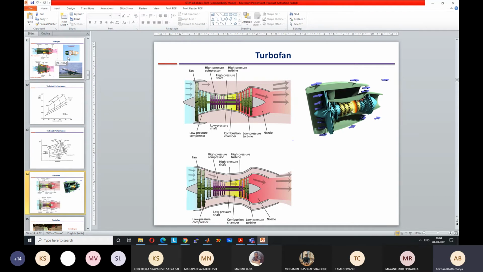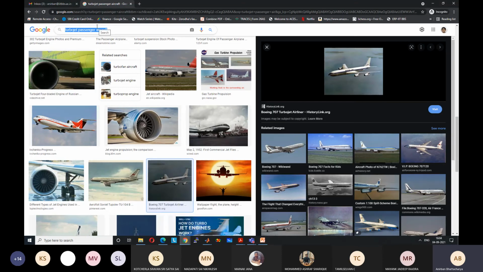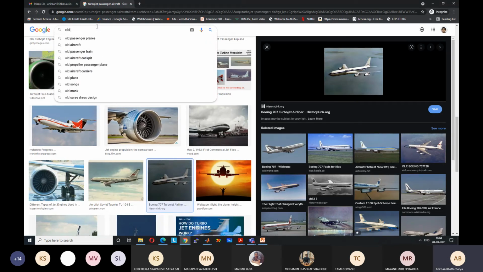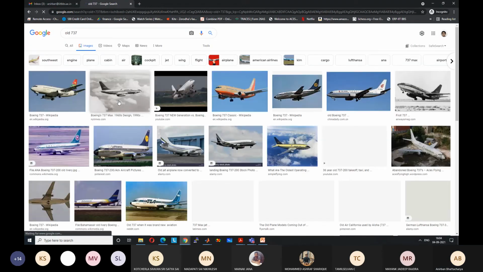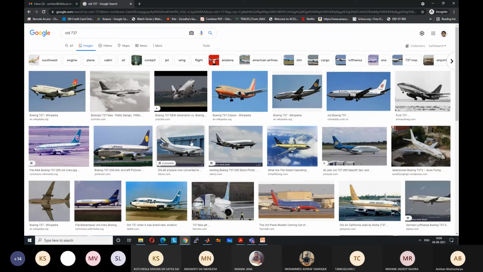Now this initial design, Boeing aircraft, was designed with a very low wing profile. So unlike Airbus aircrafts, low wing profile. Let me see, 737 picture is there or not. So say this one.